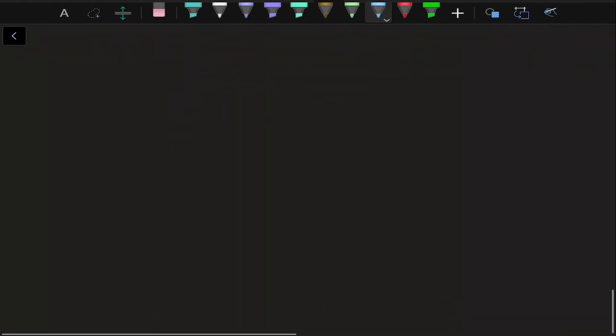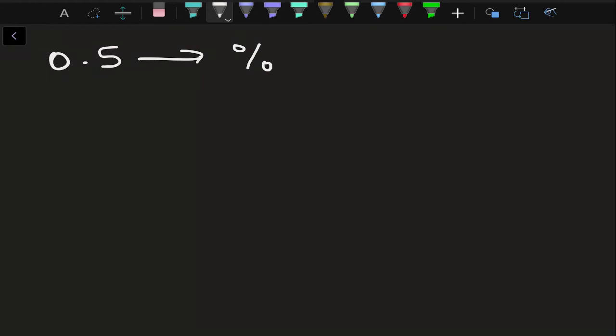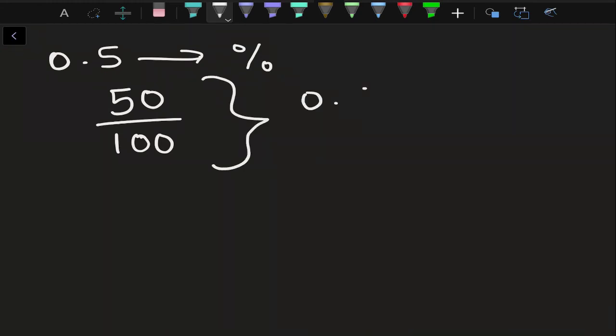So we'll go over a couple more examples here. If I have 0.5 and I want to express it as a percent, this is 50 over 100. And why is it 50 over 100? That is because if we step aside here, 0.5, we're going to move that decimal place 1, 2 spaces, so it becomes 50.